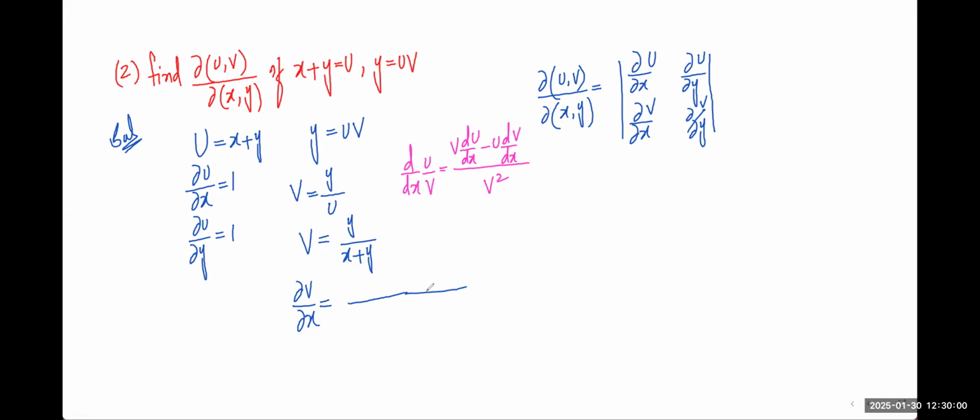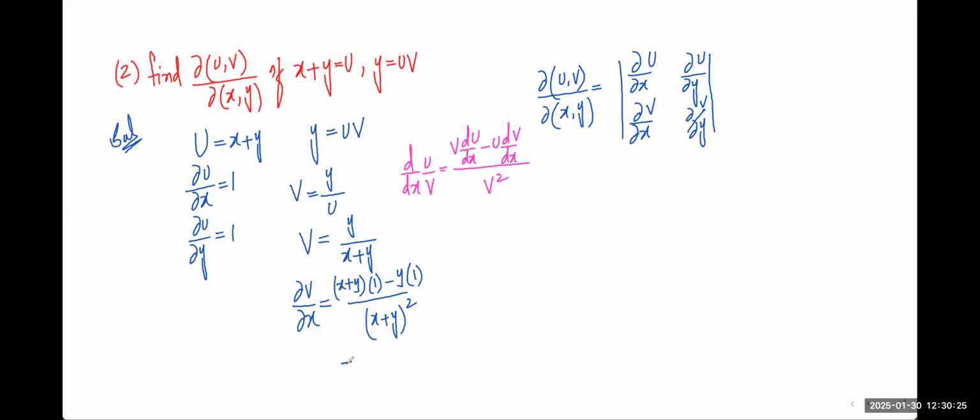V square means x plus y whole square. Here V means x plus y. Now look at the derivative of y with respect to y, which is 1 minus y as it is. The differentiation of x plus y with respect to y is again 1.